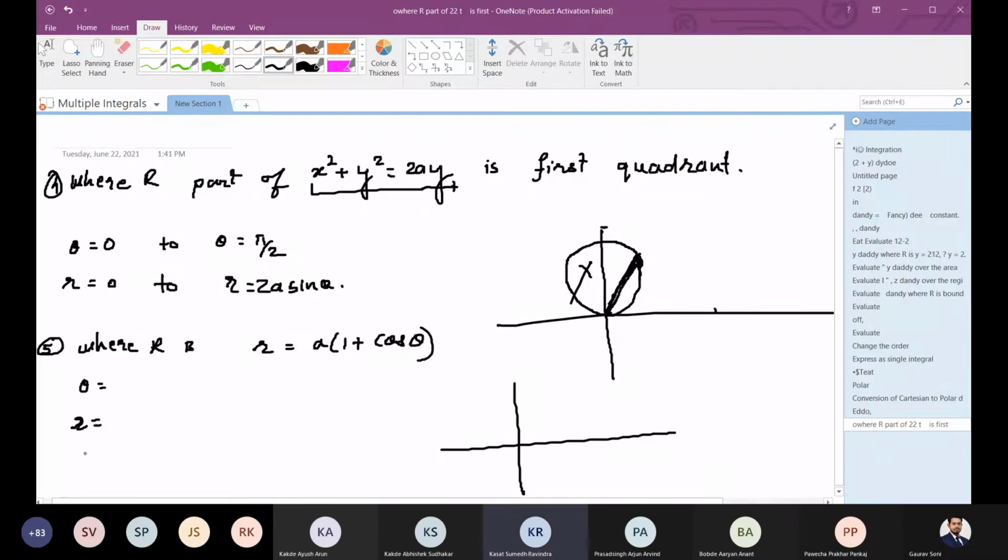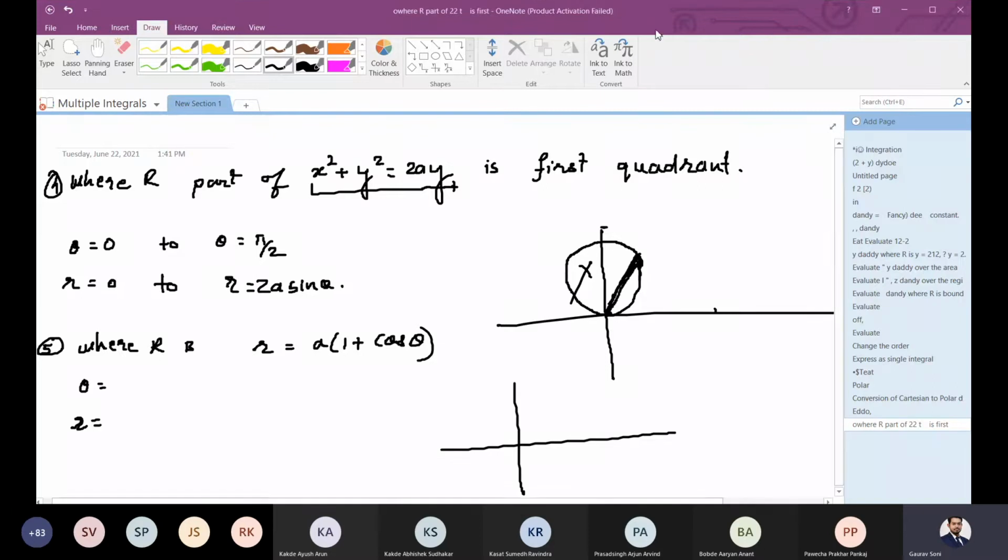Heart shape. It was taught in the previous unit. Yes, heart shaped curve. Yes, it is correct.